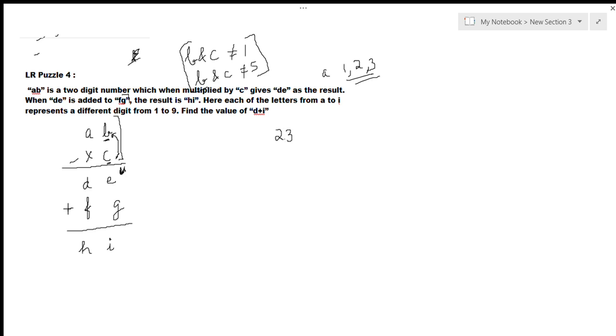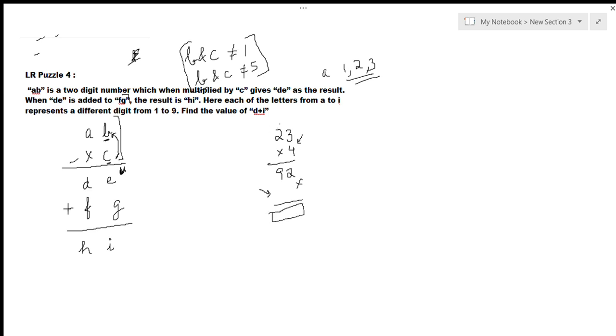Suppose I put 3 over here. I cannot take a value of B less than 3 here. Now, what is the smallest number that I can put for the value of C? 4, because we need not repeat digits. This itself is 92. If I add another 2-digit number over here, then we'll have a 3-digit number.